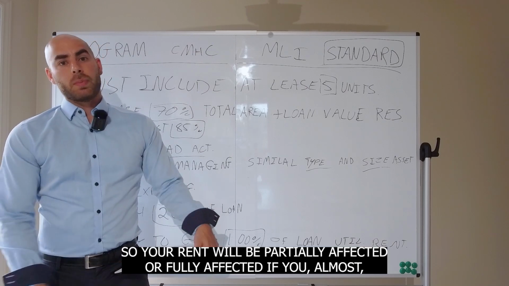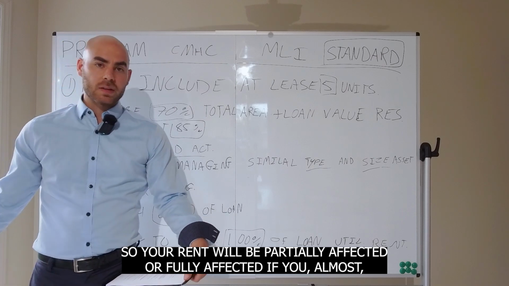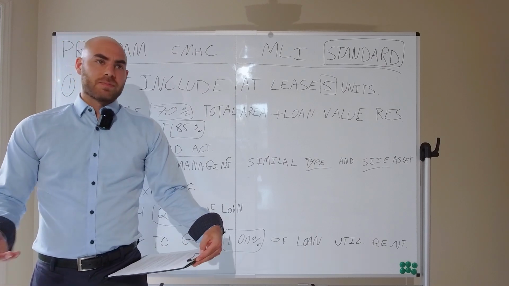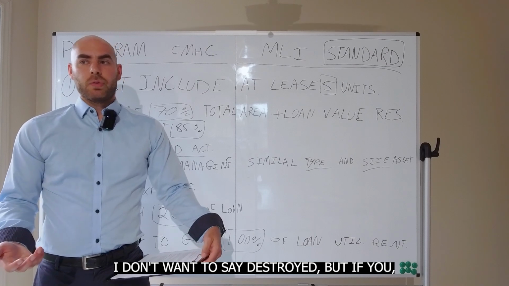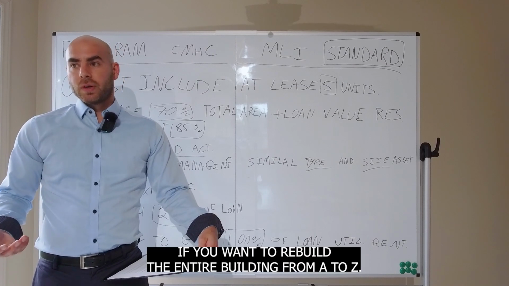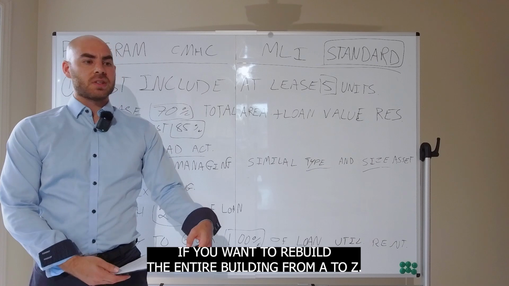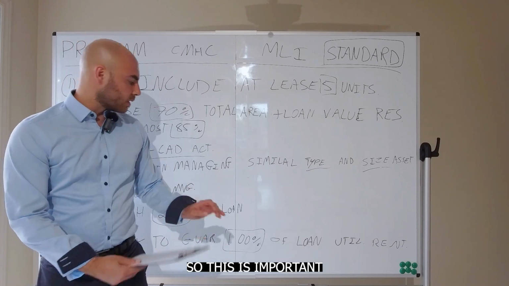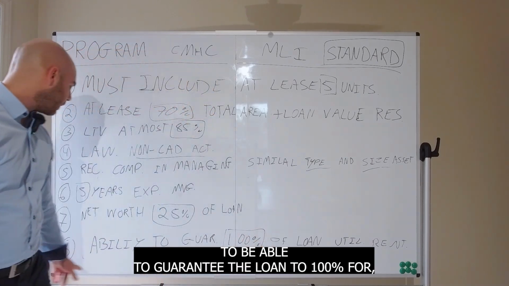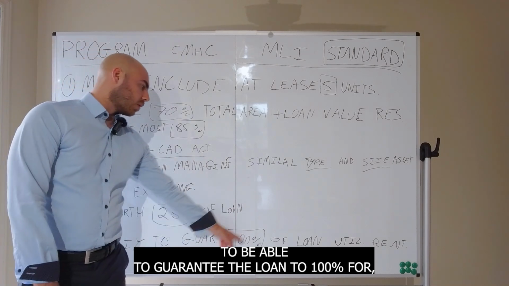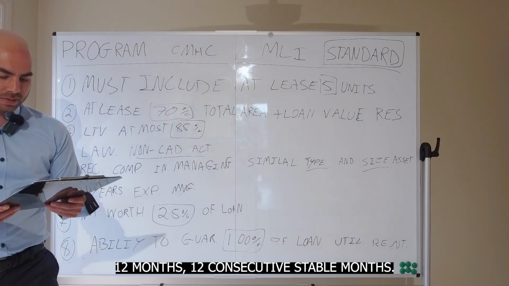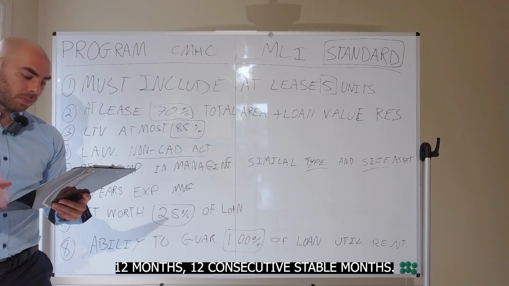So your rent will be partially affected or fully affected if you almost, I don't want to say destroy, but if you want to rebuild the entire building from A to Z. So this is important to be able to guarantee the loan to 100% for 12 months, 12 consecutive stable months.